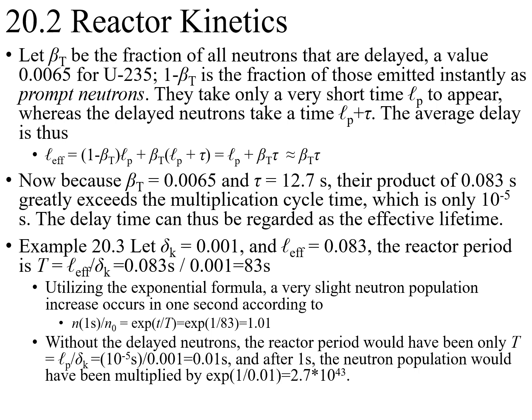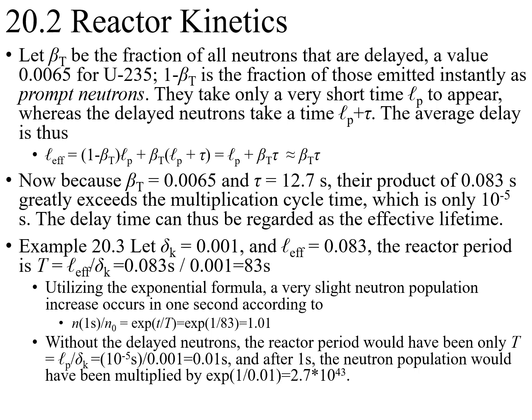Now let's define beta T as the total delayed neutron fraction, which is a summation of all the beta i in the previous table. For uranium-235, this value is 0.0065. Then if beta T is the fraction of the delayed neutrons, 1 minus beta T will be the fraction of the prompt neutrons.